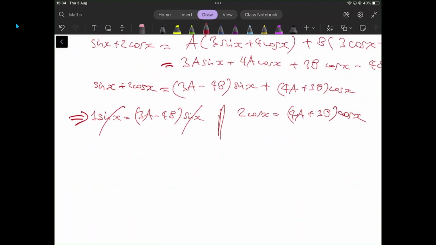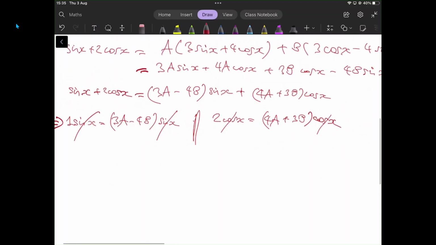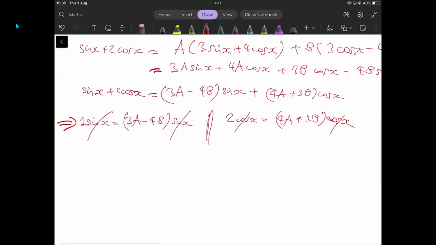You'd get 1 equals 3a minus 4b, and then on the right hand side you'd cancel out the cosines, and you get 2 equals 4a plus 3b, right? And then you just have a system of equations that you need to solve. I'll just rewrite them here. 1 equals 3a minus 4b, and 2 equals 4a plus 3b. There are many ways to do this.